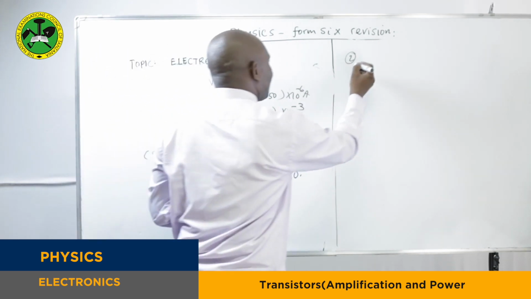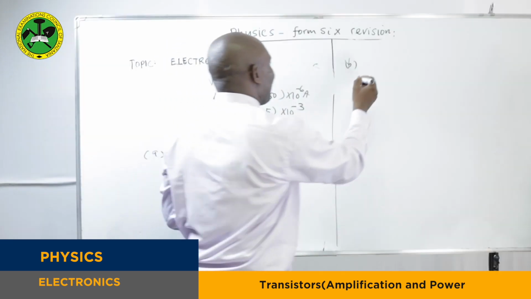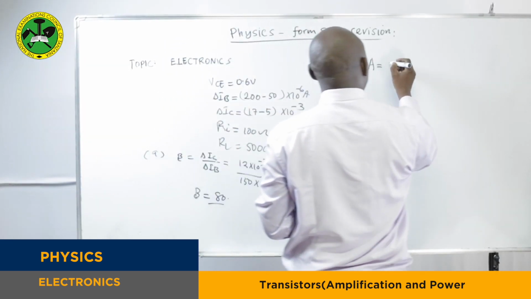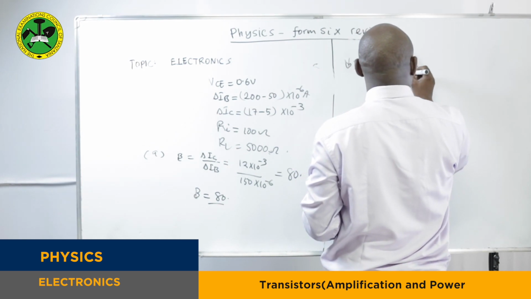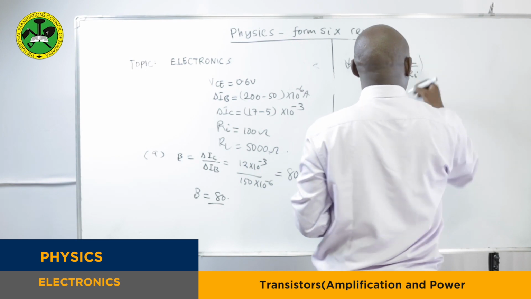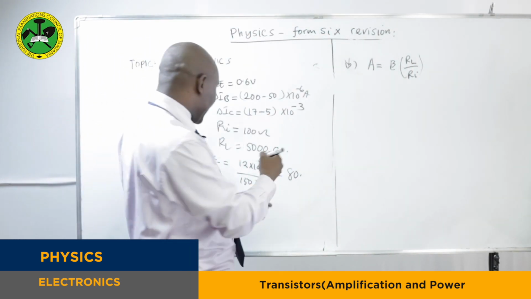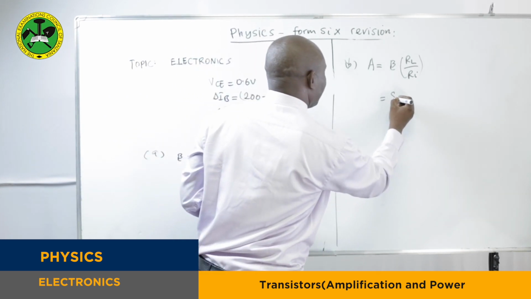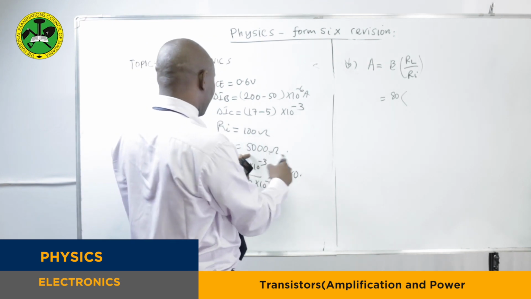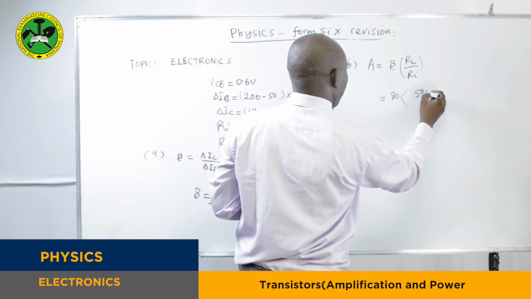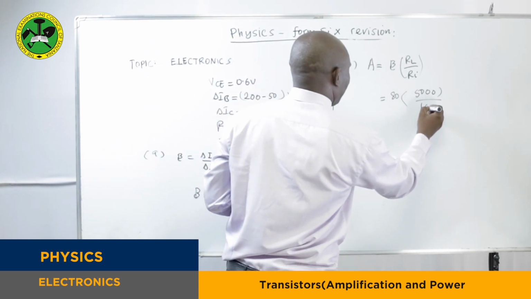Part B. What is the voltage gain? Remember the formula says the voltage gain is the current gain times the ratio of the output resistance over the input resistance. Those are formulas you derived, and you should remember them. So the current gain is 80, the output resistance is 5,000, and our input resistance is 100.